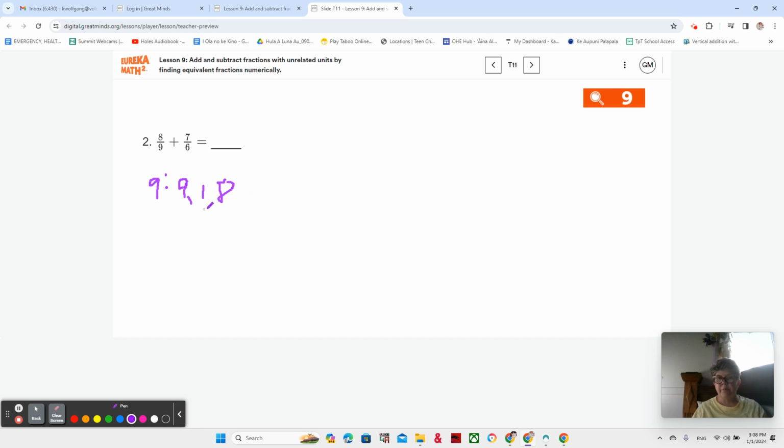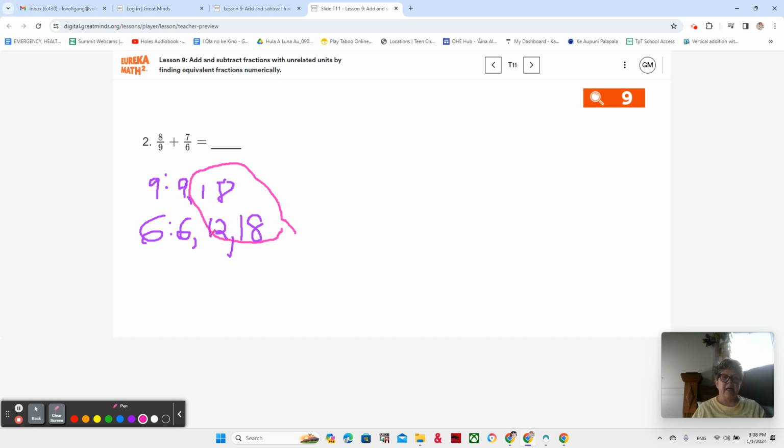If you know your multiplication facts, then you might already be thinking about your sixes, because 6 times 1 is 6, 6 times 2 is 12, and 6 times 3 is 18. So that's where knowing your facts really helps, because then you're already thinking ahead to these least common multiples, and you don't have to keep going on and on with your 9s and on with your 6s before you realize that you can change them both to 18.